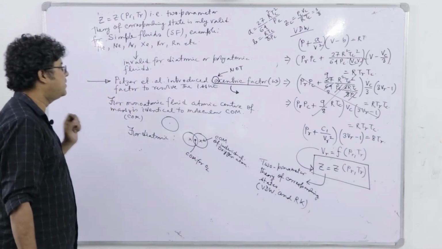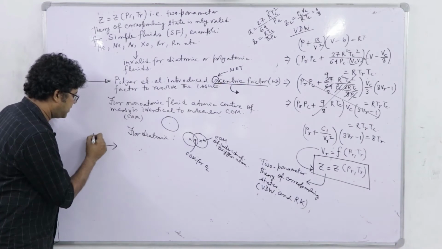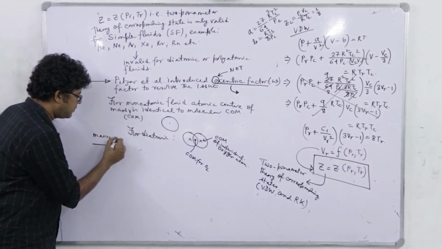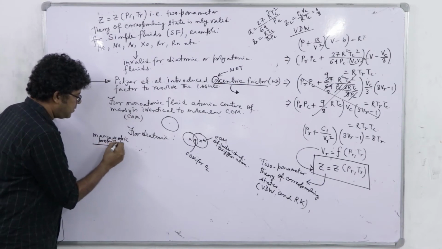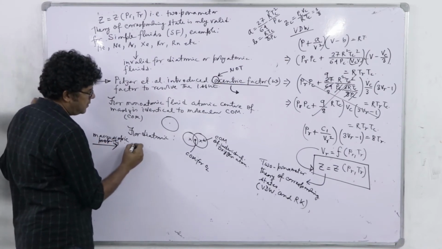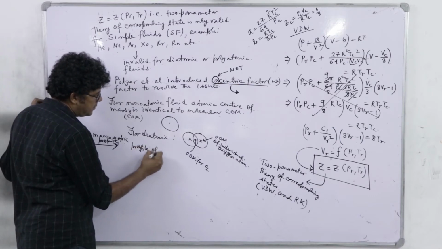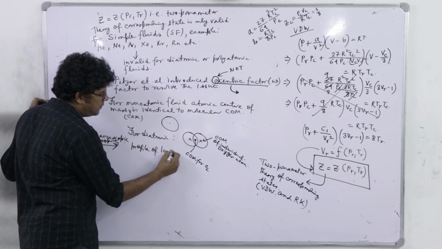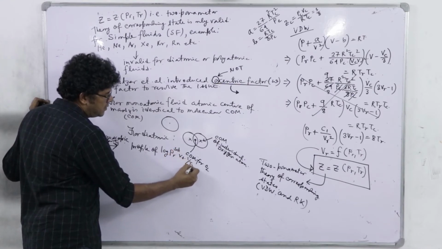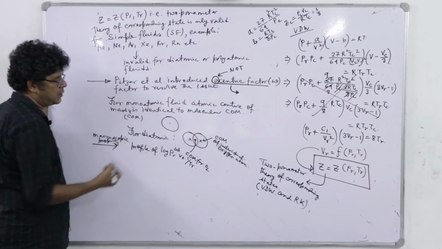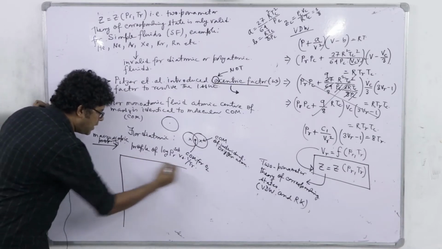And more precisely, what was the macroscopic property they measured? It is the profile of reduced vapor pressure versus 1 by, or reciprocal of, reduced temperature. Why?